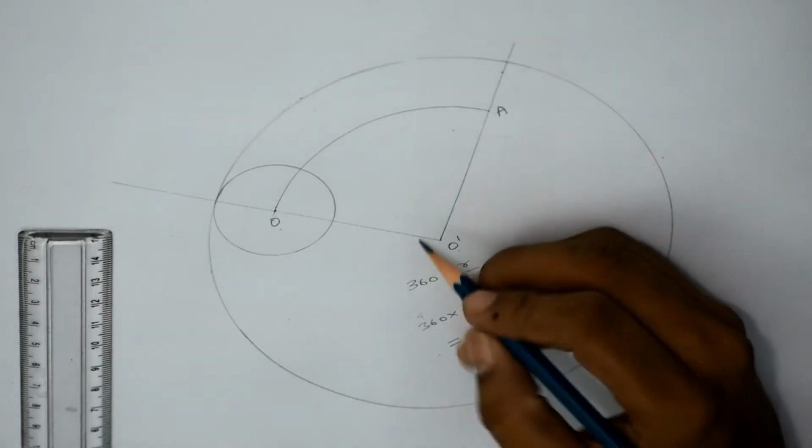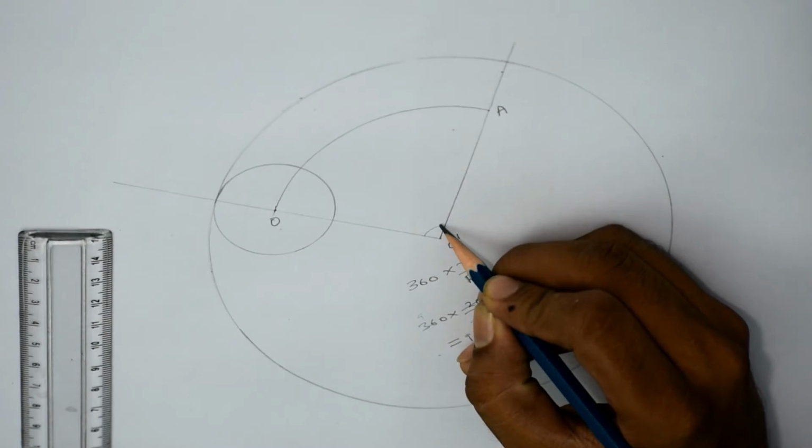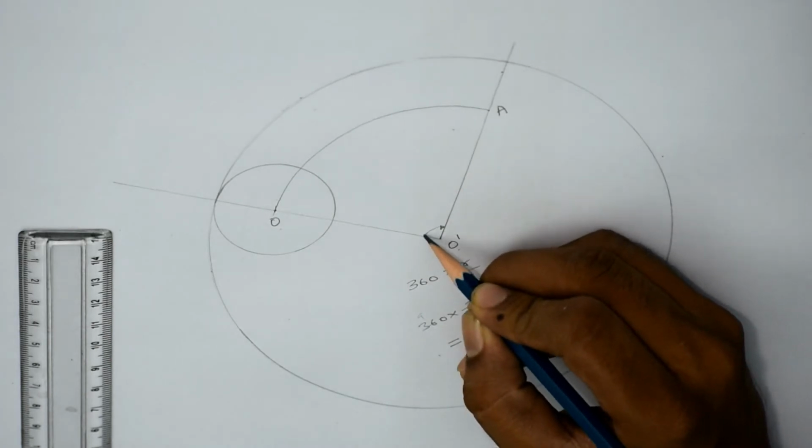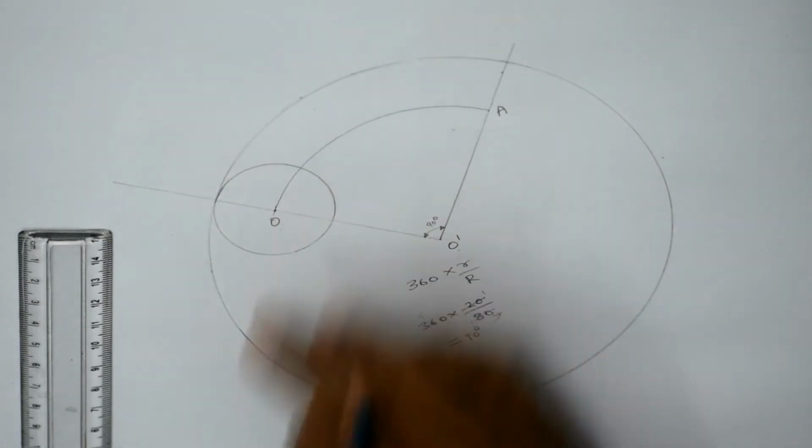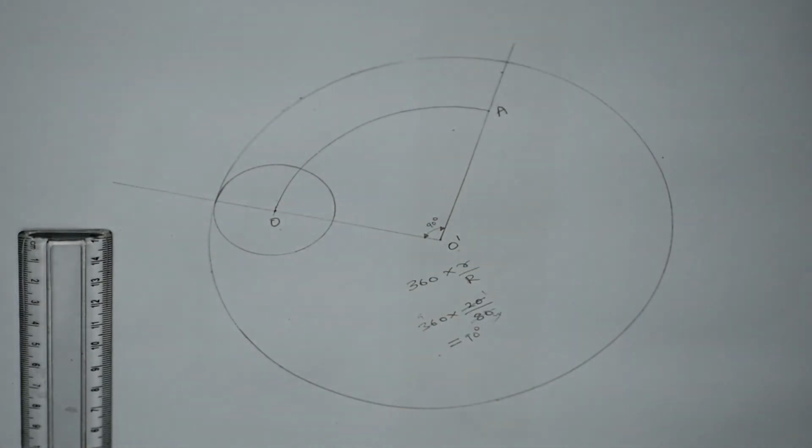Now I will divide this portion, this angle, which is 90 degrees, and the circle into equal parts. As we did last time, we have divided this circle and angle into 12 equal parts. Here the angle is 90, so 90 by 12 will be equivalent to 7.5.